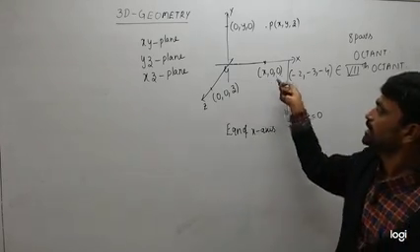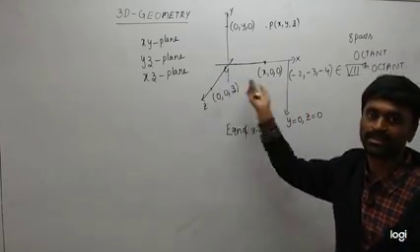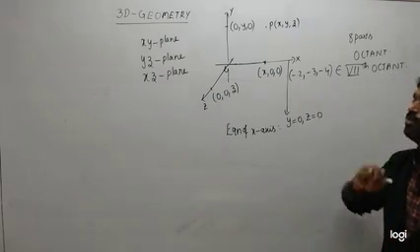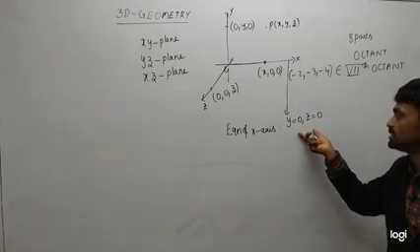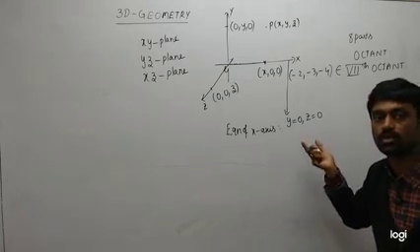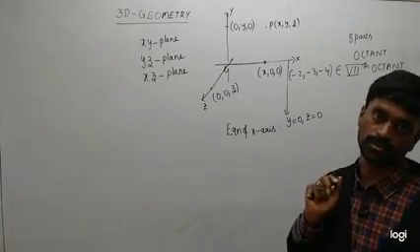Because on the x-axis, if you take any point, the y coordinate is 0 and the z coordinate is 0. That means any point on the x-axis satisfies these two equations. That's why the equation of the x-axis can be concluded as y = 0 and z = 0.